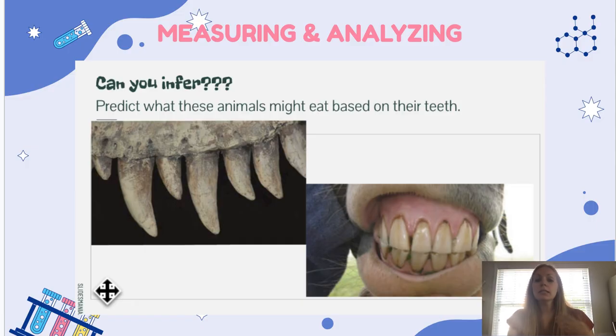But I didn't tell them that at the beginning. I just wanted them to think about what could they possibly eat. And then we had a whole discussion, and I was like, well, what about this? And I would ask them several questions just to get them on that track. But we had not talked about the different types of consumers before this. So this is kind of hooking them in.